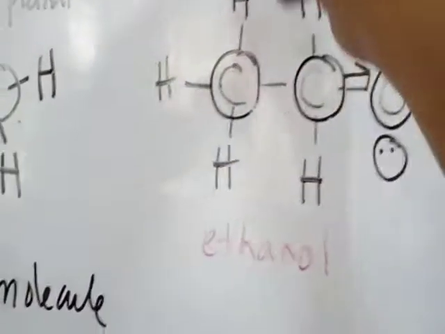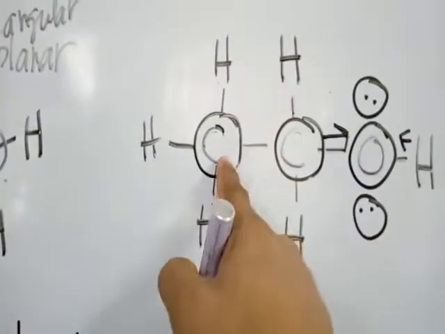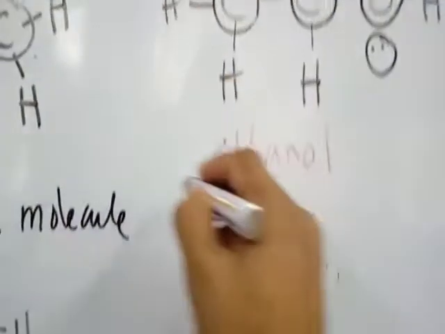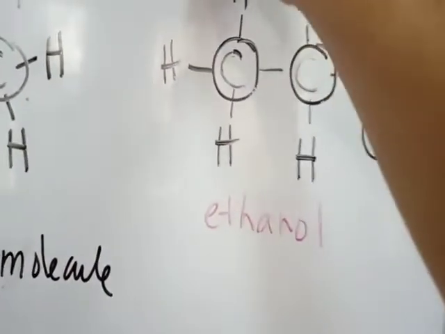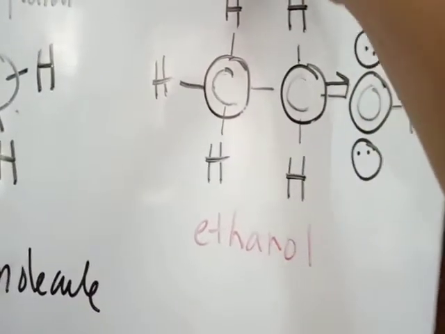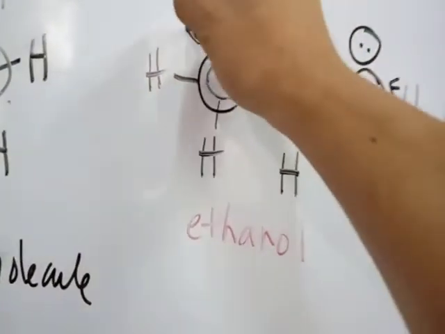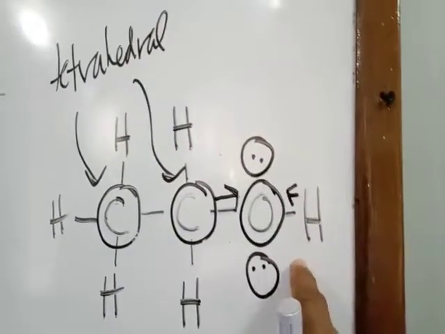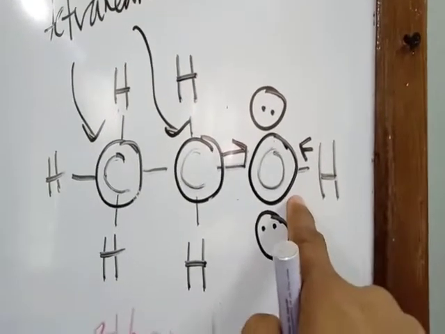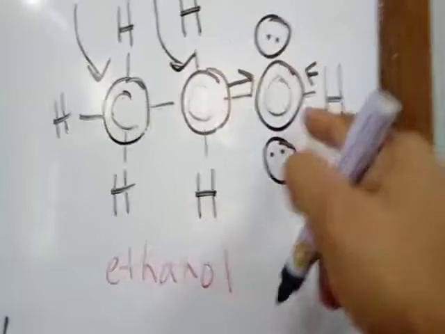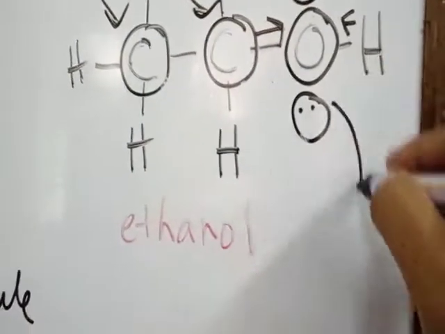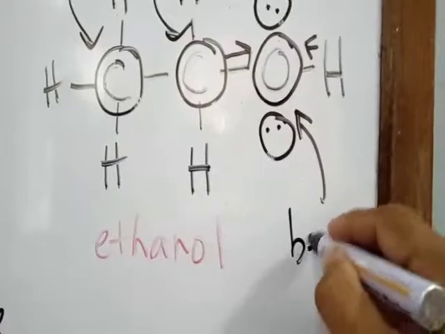So this is tetrahedral because this is 4 and 0, 4 and 0. Tetrahedral. This one, that one. How about this one? What is the geometric shape of this? This is 2 and 2. 2 attached groups and 2 lone pairs. So this must be bent.